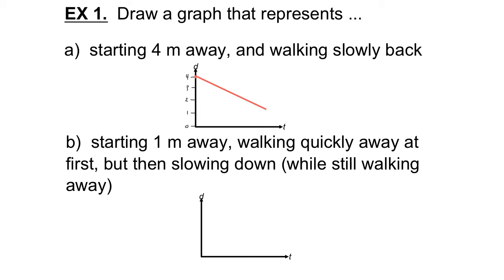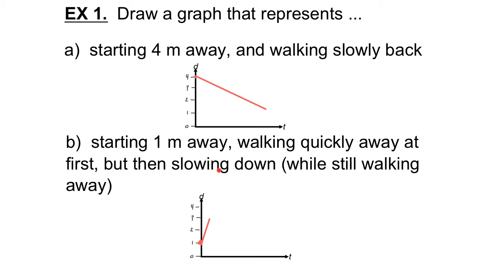Okay, let's switch gears a little bit. Now he's starting 1 meter away, walking quickly away at first, but then slowing down while still walking away. Okay, let's break that down. Starting 1 meter away. So here we are, make a consistent scale. We're starting 1 meter away, walking quickly away at first. Okay, so quickly, that's going to be a steep line. So something like that.